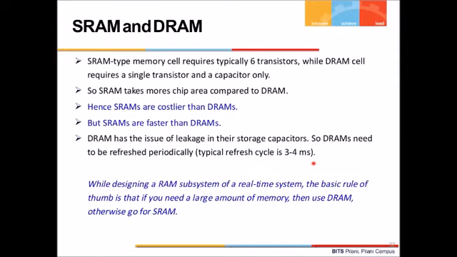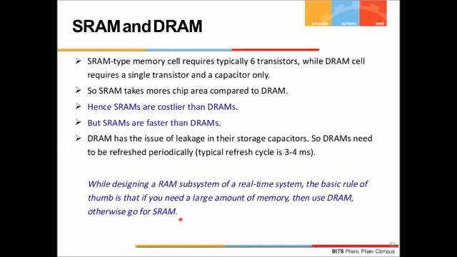This is a basic thumb rule while designing the RAM subsystem: if you need a large amount of memory, then use DRAM. Otherwise, for a smaller system, you can go for SRAM, because the cost will not be much, since it is a smaller system, and you will have a faster response.